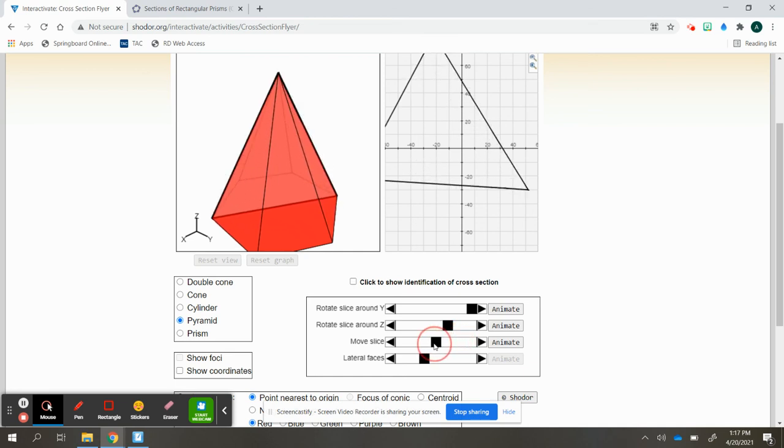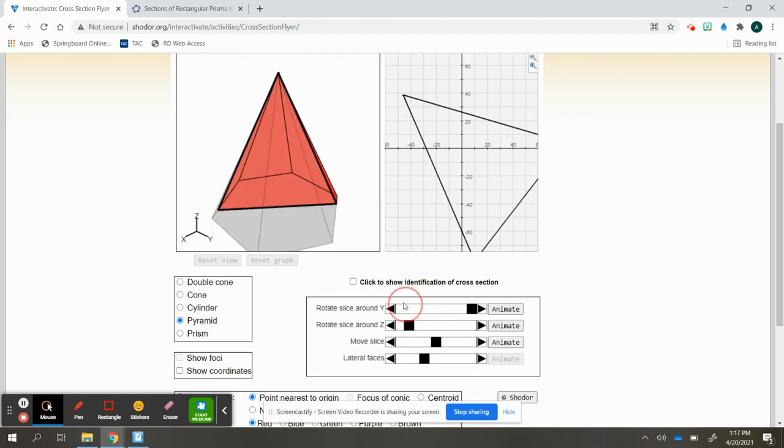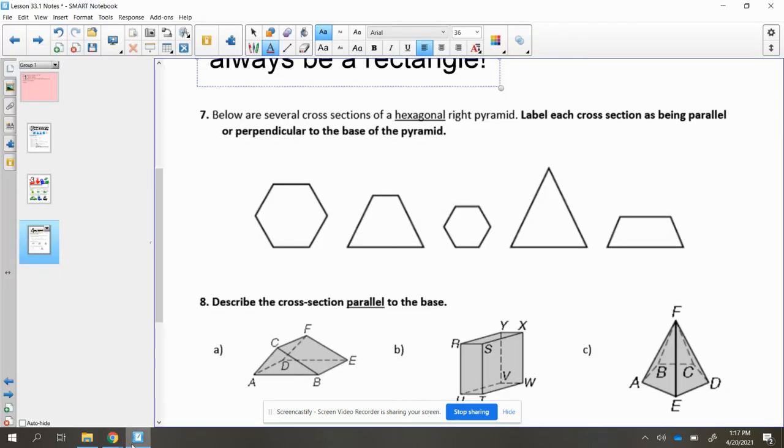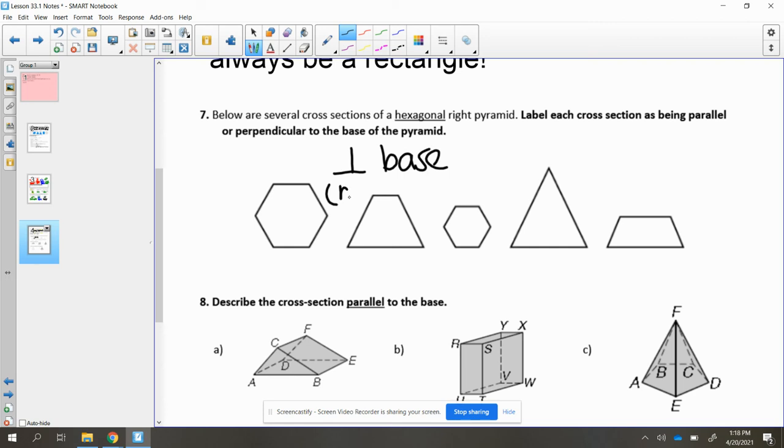Now, if we're directly through that tippy top vertex, what we're noticing is it's always looking like a triangle. So any of these that are trapezoid shaped are going to be perpendicular to the base, but not through the vertex. Versus the ones that are triangular shaped are going to be perpendicular to the base, but specifically through the vertex.